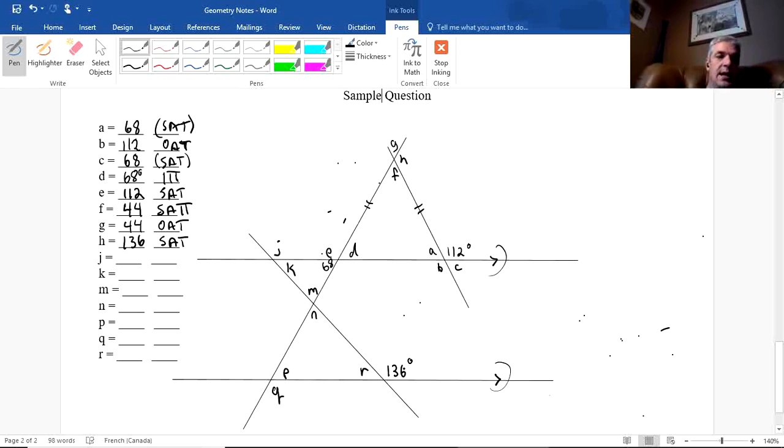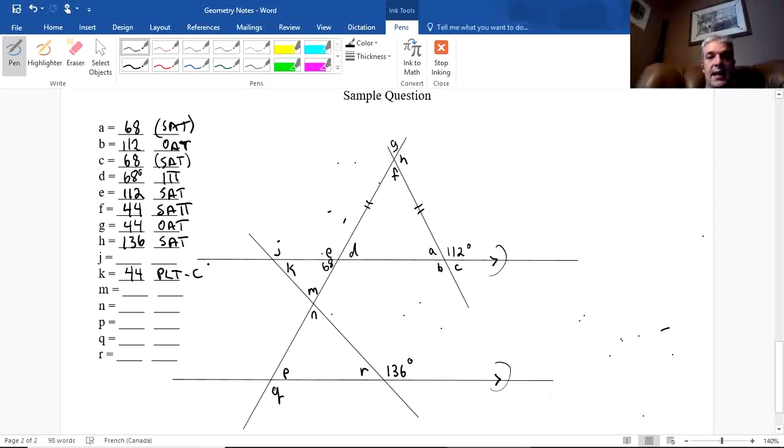So I can take 180 minus 136. Well, K equals 44 degrees, I believe. Let's just double check. 180 minus 136 equals 44, and that is parallel lines theorem. And if you want, you can throw the C on the end.